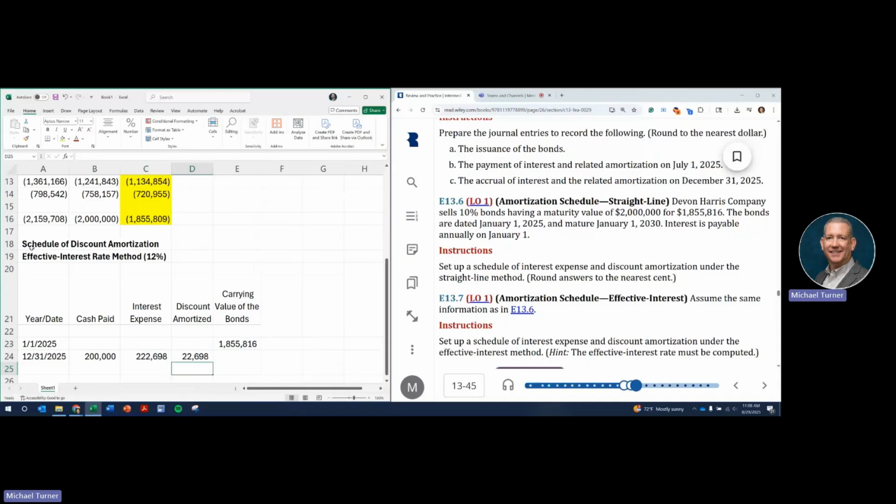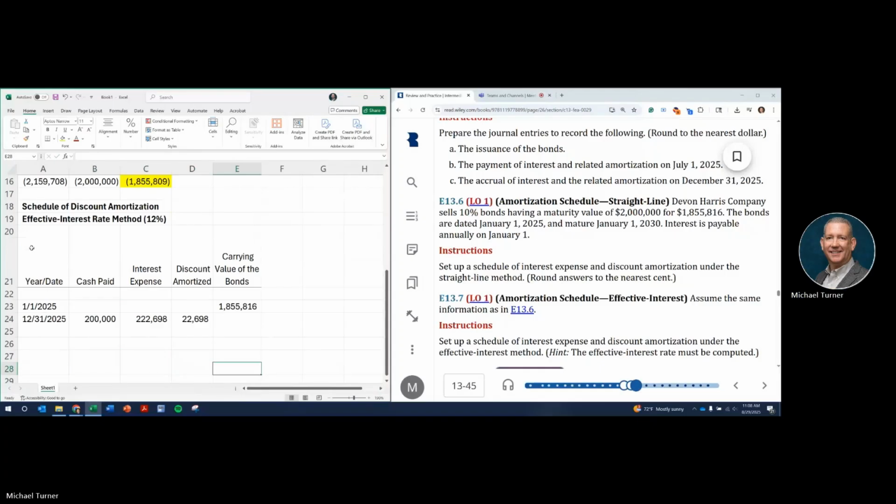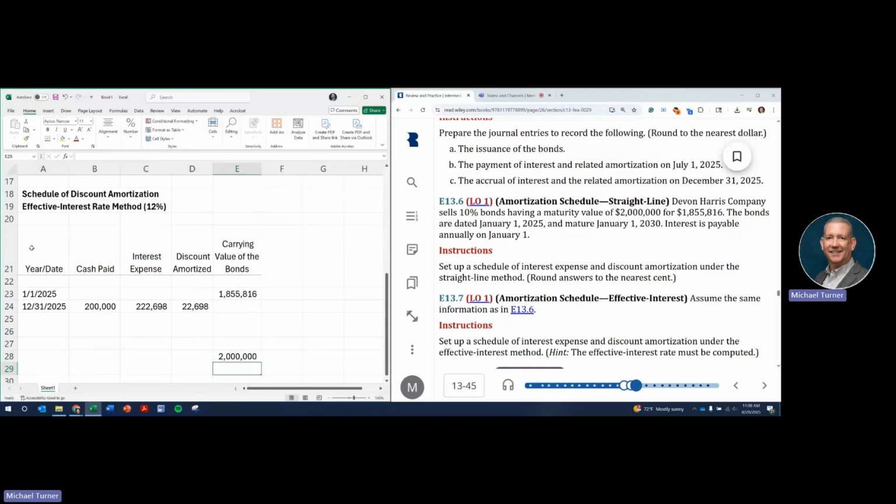So slowly, the carrying value of these bonds, we know in 5 years should be $2 million, because that's the amount that needs to be repaid in 5 years. So we're going to work this $1,855,816 up towards $2 million.